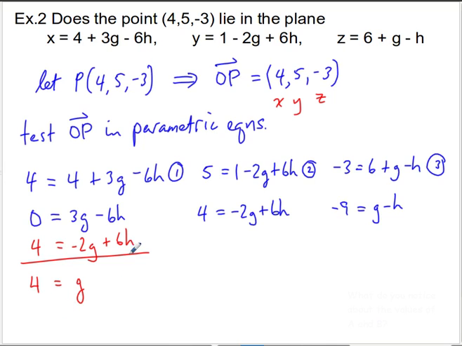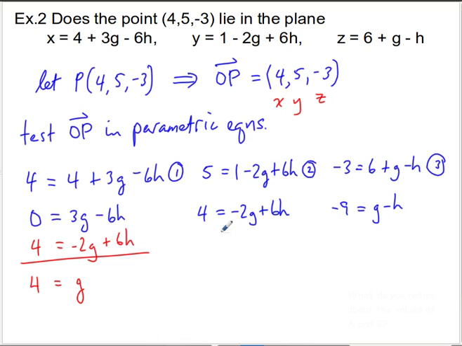Now that I have g is equal to 4, I can solve for h by putting that into equation number 2 or equation number 3. Equation number 3 looks like the simpler one to solve for h because I just have a linear term in h.